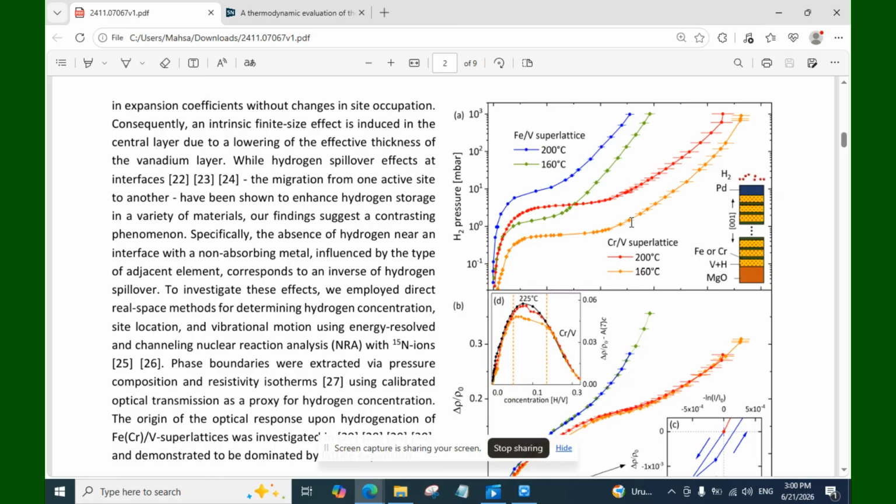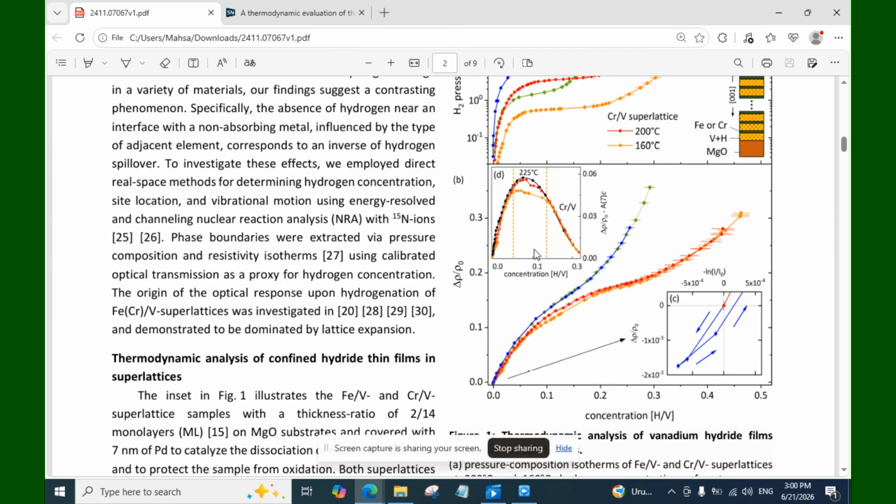Site location and vibrational motion using energy resolved and channeling nuclear reaction analysis (NRA) with Ni ions. Phase boundaries were extracted via pressure composition and resistivity isotherms, using calibrated optical transmission as a proxy for hydrogen concentration.